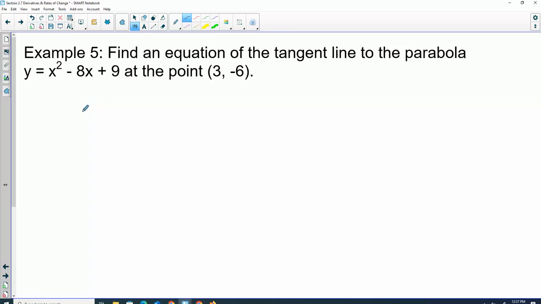We found from example 4 our derivative, which I just told you is the same as the slope, was 2a minus 8. What's my a equal to? Positive 3.